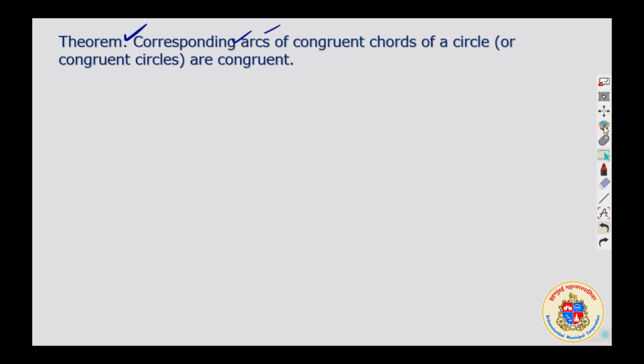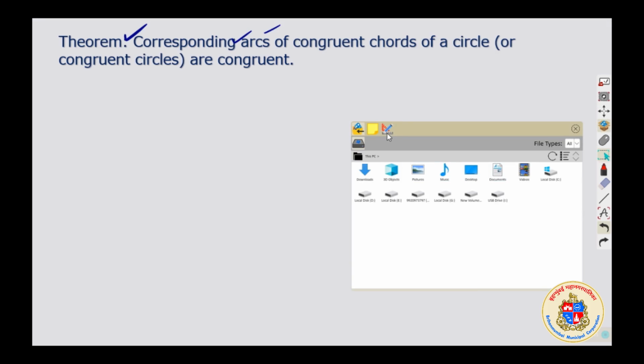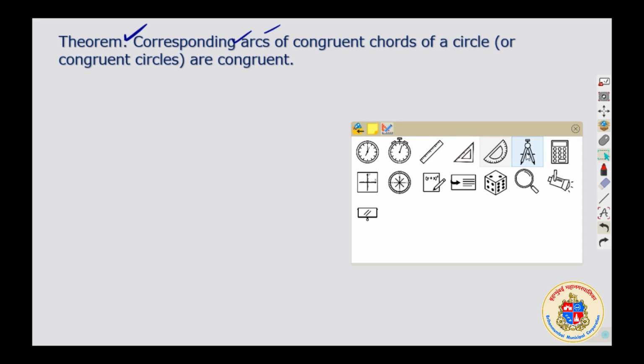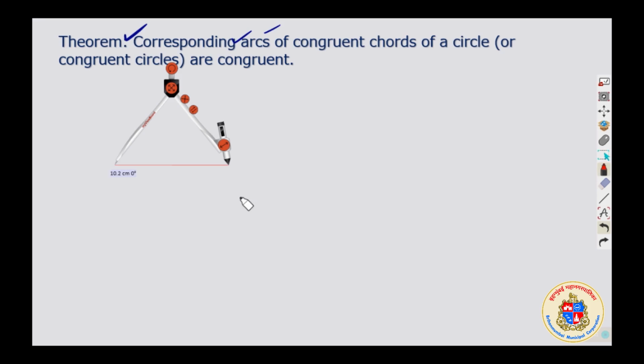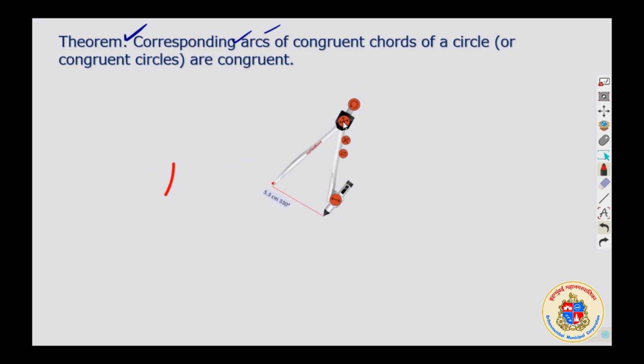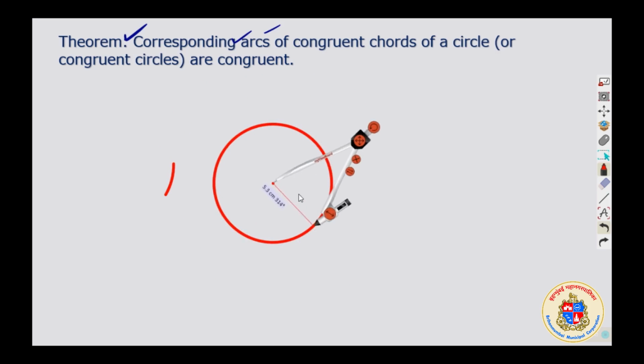For that again, you will be drawing the equal chords here. For that again I need a compass and I will be drawing a circle here. This is my compass and I keep the compass here and I am drawing the circle, and you need to have congruent chords inside this.